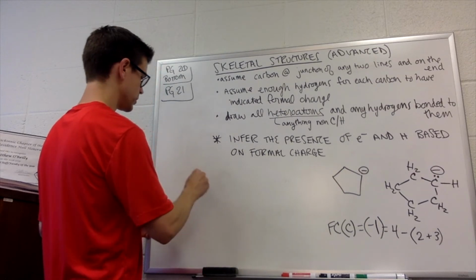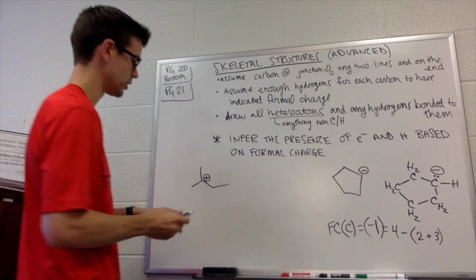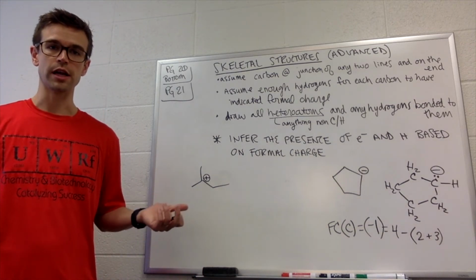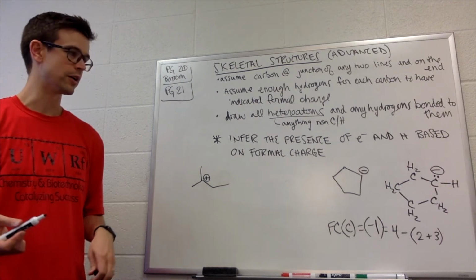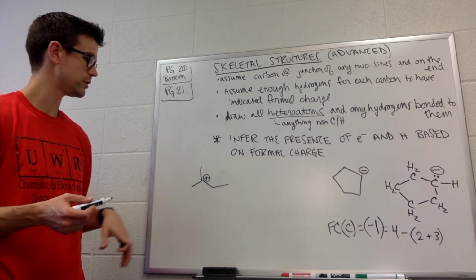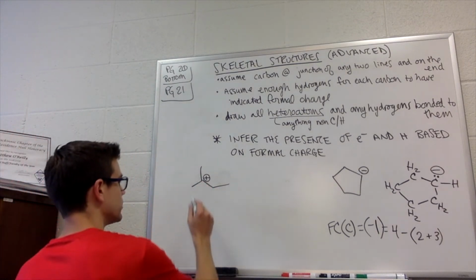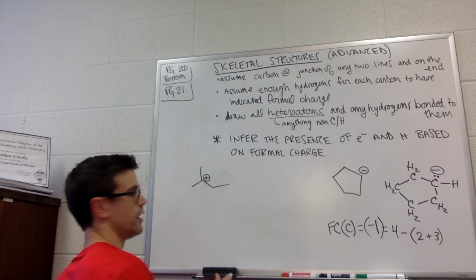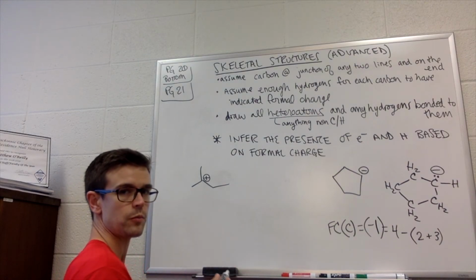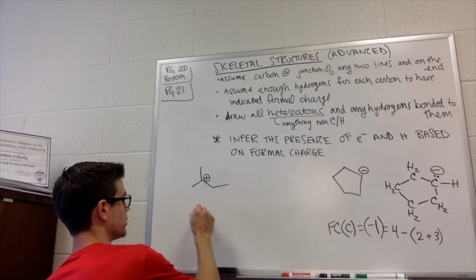Okay, we're just going to convert this skeletal structure into a condensed structure. So take a minute, give yourself time to do this, and then pause it and do that. Now you're unpausing. So if I was going to convert this into a condensed structure, and actually we'll do both condensed and the Lewis structure, the condensed structure would look like this.